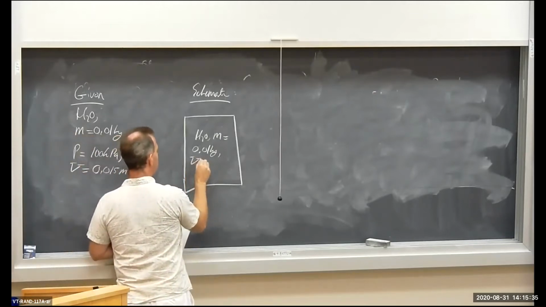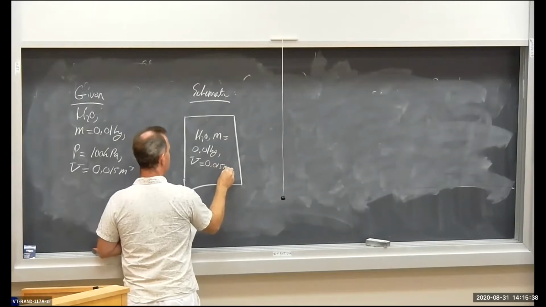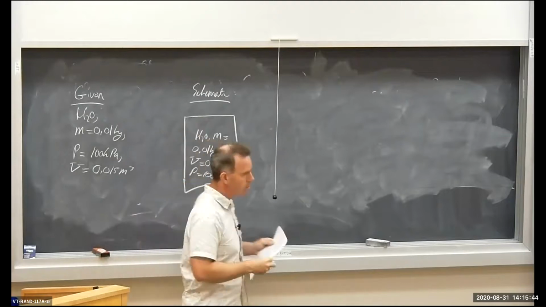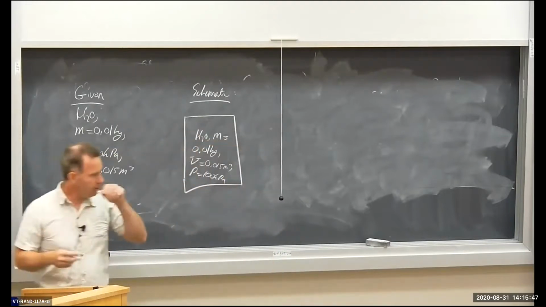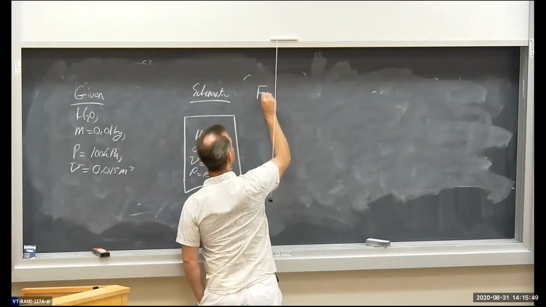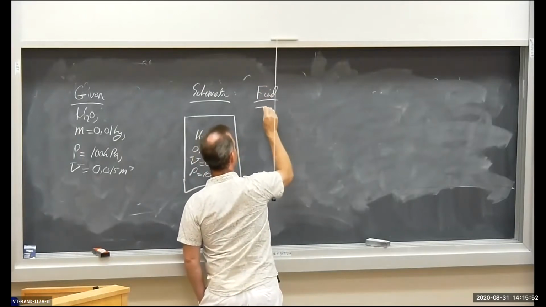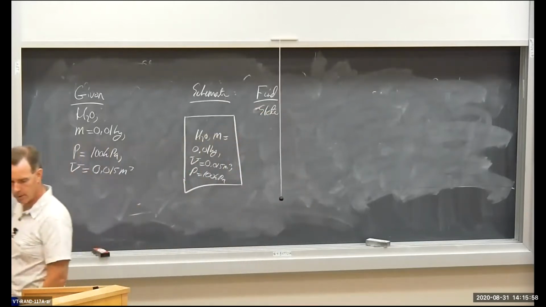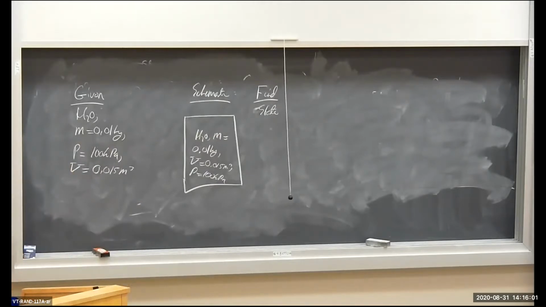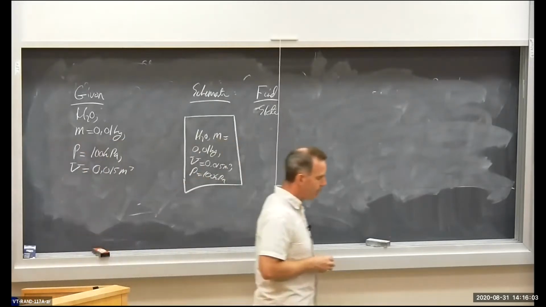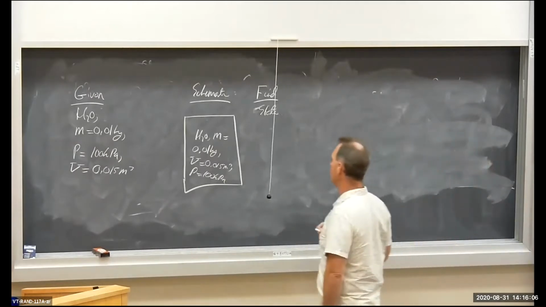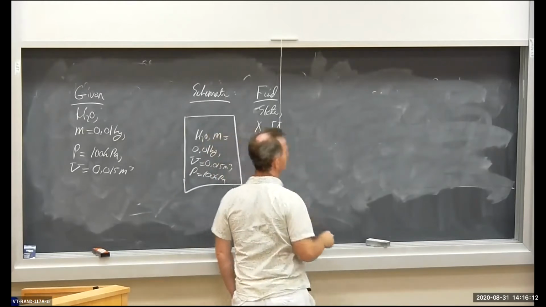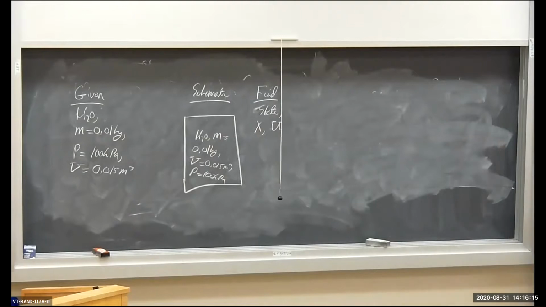So volume 0.015 cubic meters and pressure is 100 kPa. All right. Okay, what are we supposed to find? Find the state. If the state is a saturated mixture, let's find the quality. And let's find the internal energy, U of the system. Okay?